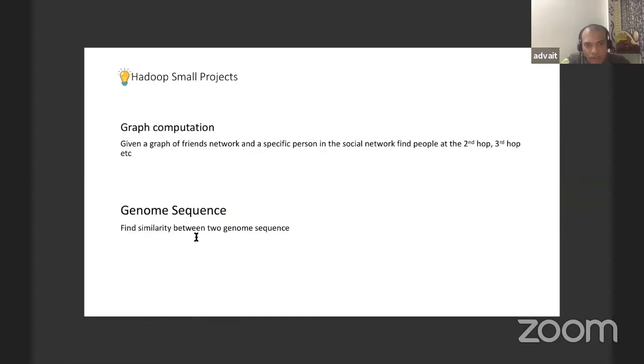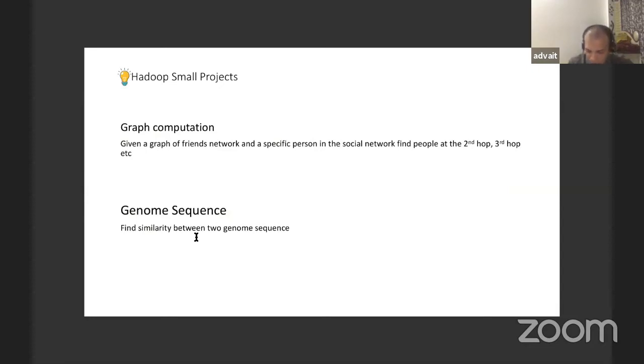And if ith person is a friend of jth person, the I comma j cell will be 1, and if they are not friends, that cell will be 0. And for that, you create a whole matrix. The whole matrix will be n cross n, where n is the number of people present on that social network.